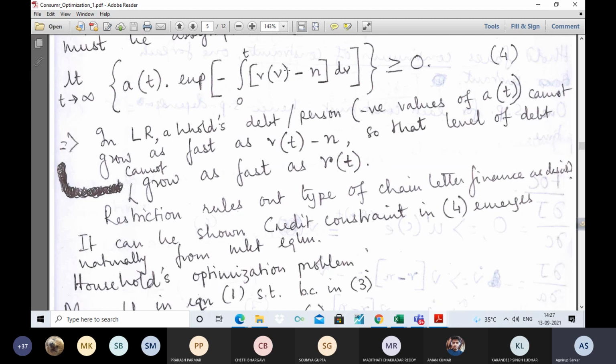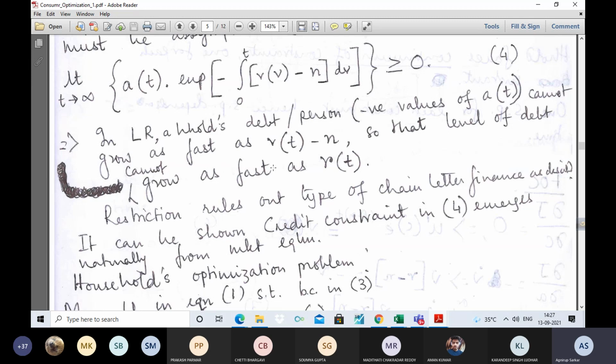So in order to rule out the possibility of Ponzi games, you have to ensure that the household's debt per person, mind you, cannot grow as fast as this, and the level of debt cannot grow as fast as r_t. That is, the level of debt cannot grow as fast as the rate of interest.